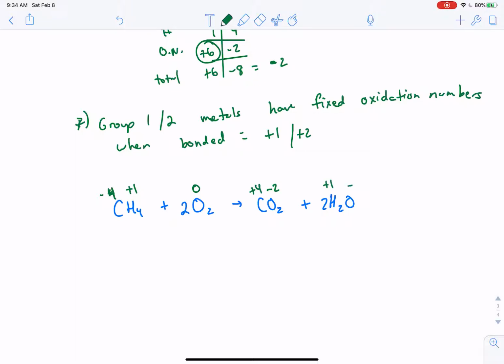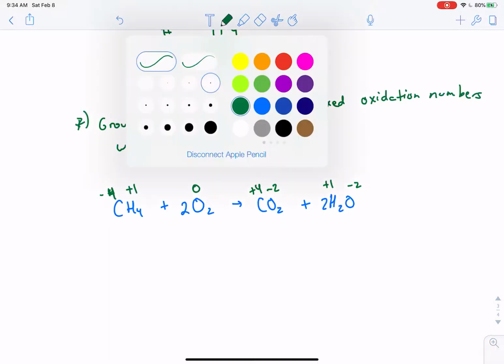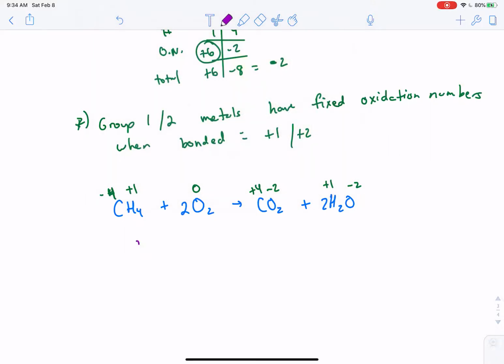Hydrogen is still +1, and oxygen is now -2 in both those scenarios. And so carbon is going from -4 to +4, so therefore it is oxidation. Whereas oxygen is going from 0 to -2, which is reduction.